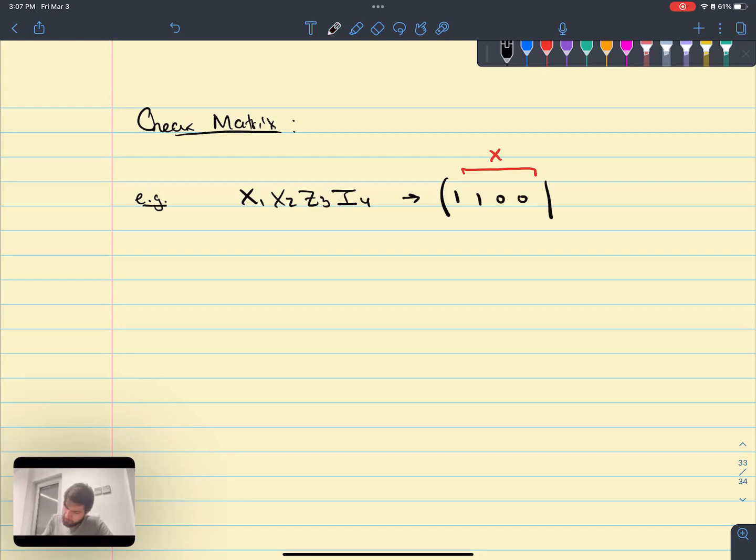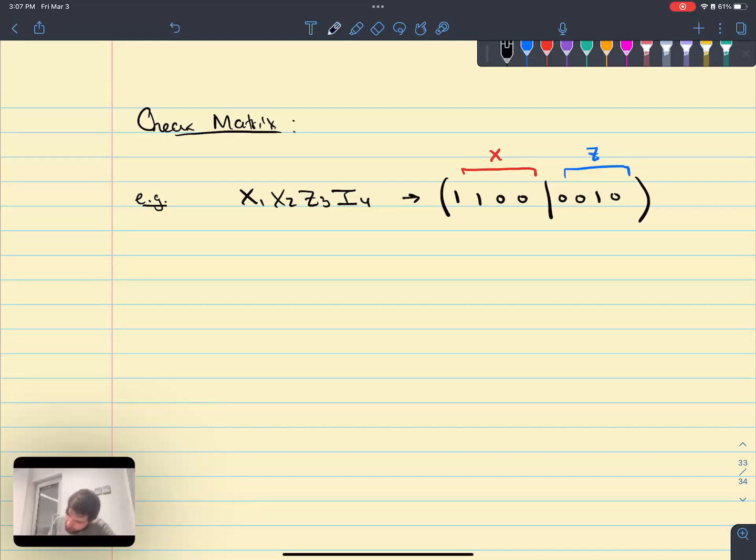And then I have a second part of this bit string, which tells me whether a z is present or not. So here I have no z's on the first, no z's on the second, one on the third, and nothing on the fourth. So something like this, and this will be for the z side.